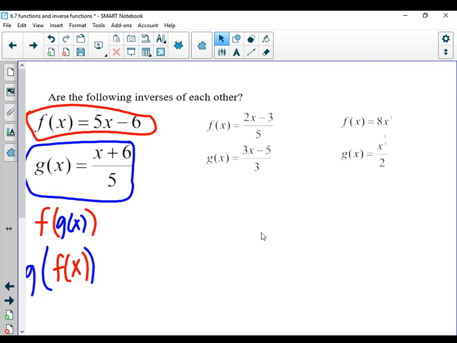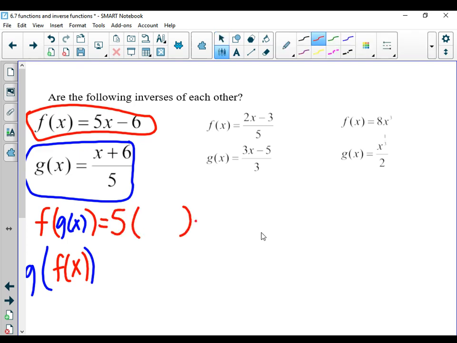Okay, so if I take my f of x equation, which is 5x minus 6, and I plug my g of x equation in there. The good news is, if one of them doesn't work, the other one you don't even have to do, okay? So I notice here that my 5's cancel, and I end up with x plus 6 minus 6, which gets me x, which is what I wanted.